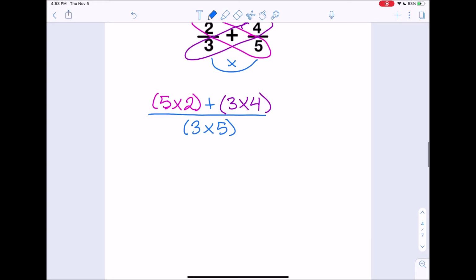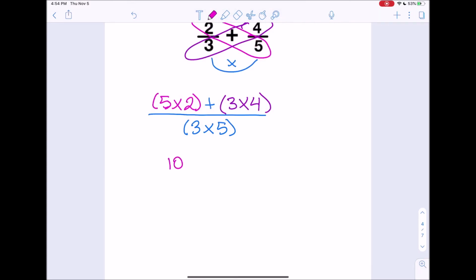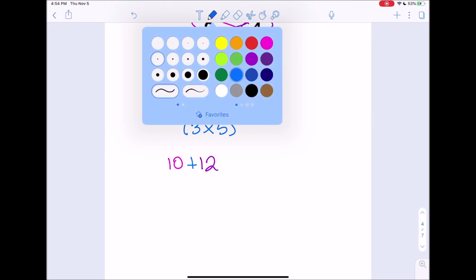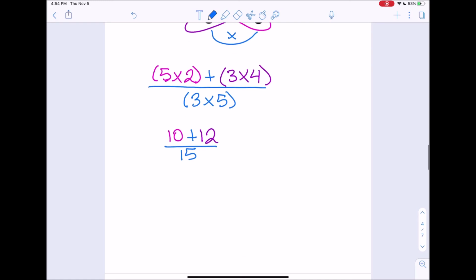Take care of our parentheses, and we get 10 plus 12 over 15. Okay, now we go ahead and add our numerators, the top numbers, and we get 22 out of 15. And once again, we simplify, and it ends up equaling 1 7/15.